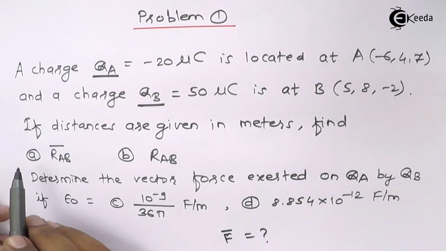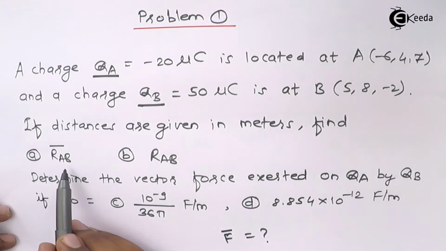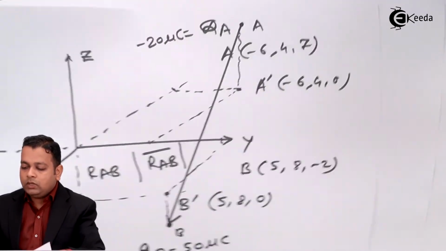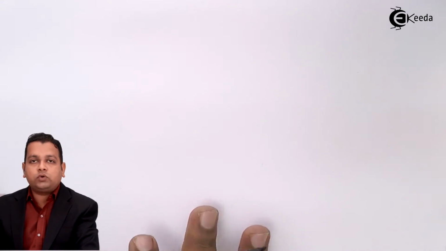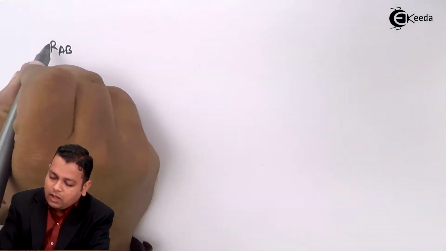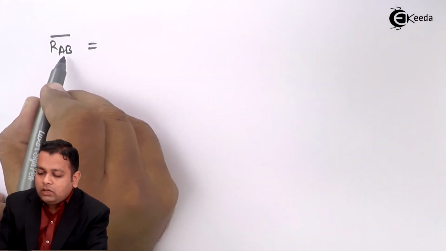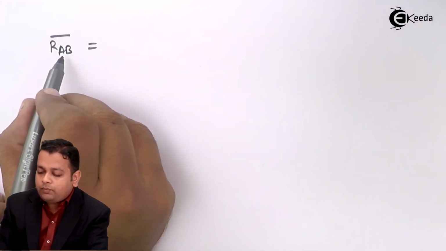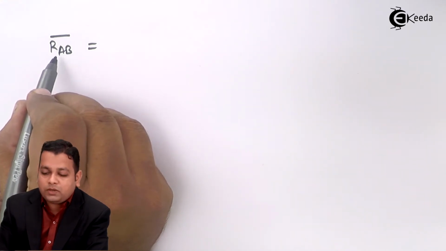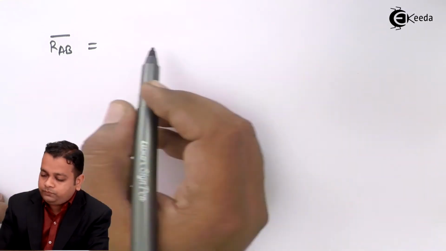So first of all, let us solve part A, RAB bar. According to the coordinates of A and B, we take the coordinates of B minus the coordinates of A to give the vector representation of RAB bar.